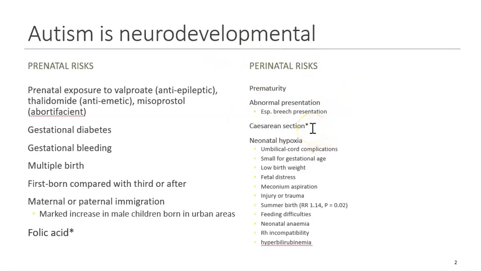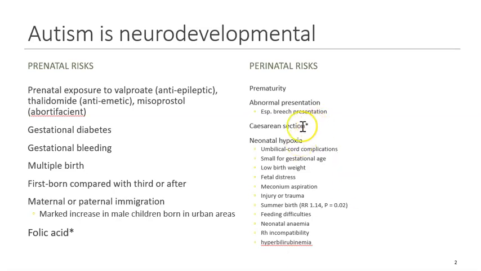Cesarean section is another kind of debated risk, similar to folic acid, where it has been debated whether the delivery is an independent risk factor, as many of the data sets used are confounded by the fact that a breech presentation is both a risk for autism and a common cause for cesareans.